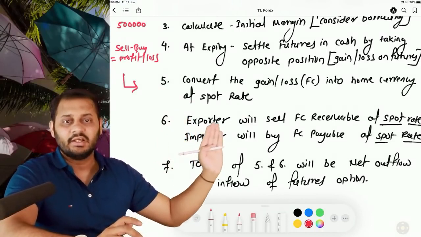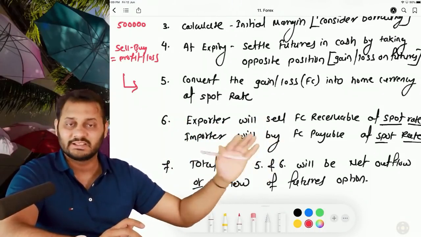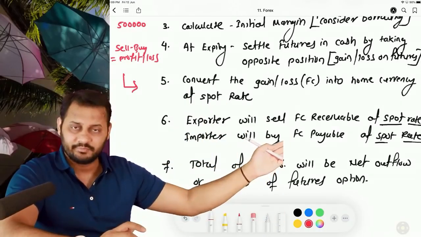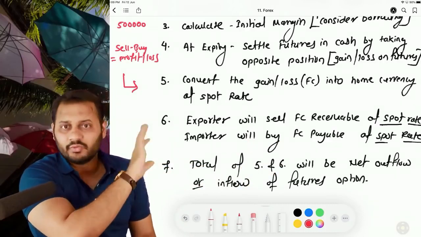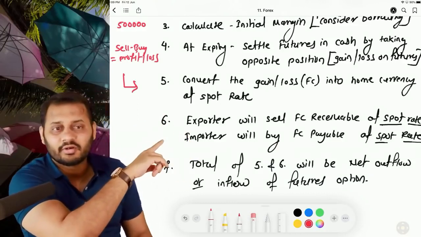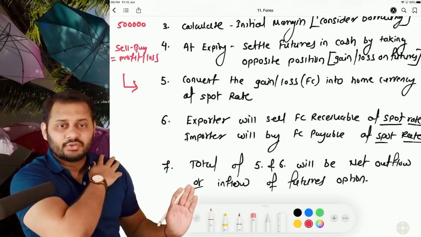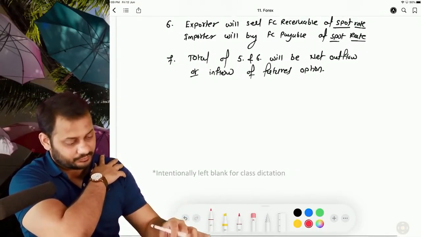The next step is exporter will sell the foreign currency receivable and importer will buy the foreign currency payable at spot rate. So whatever is receivable or payable, you do it. Futures has nothing to do with your export transaction or import transaction. You have to settle that at spot rate. So total of 5th and 6th will be the net outflow or inflow of futures option.